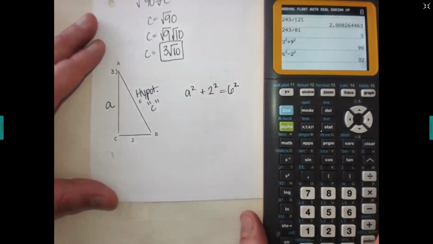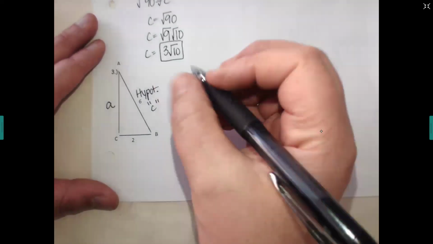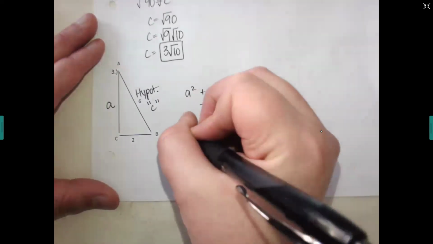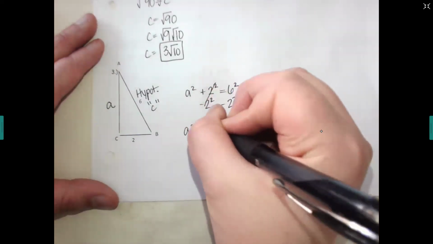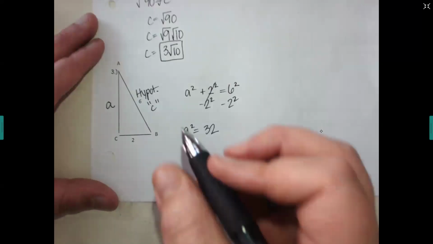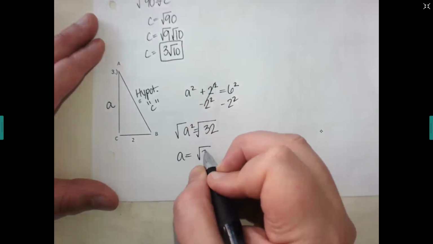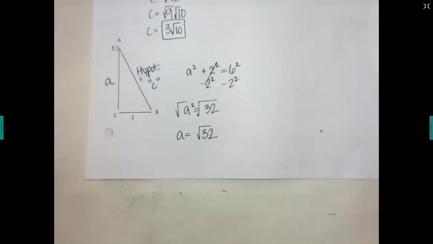So 6 squared minus 2 squared is going to give me 32. And then to solve, I'm going to take the square root. So I know that my a is the square root of 32. Okay, but that is not a perfect square, and I'm not allowed to put the decimal in. I have to do it in simplified radical form, is what your homework says.